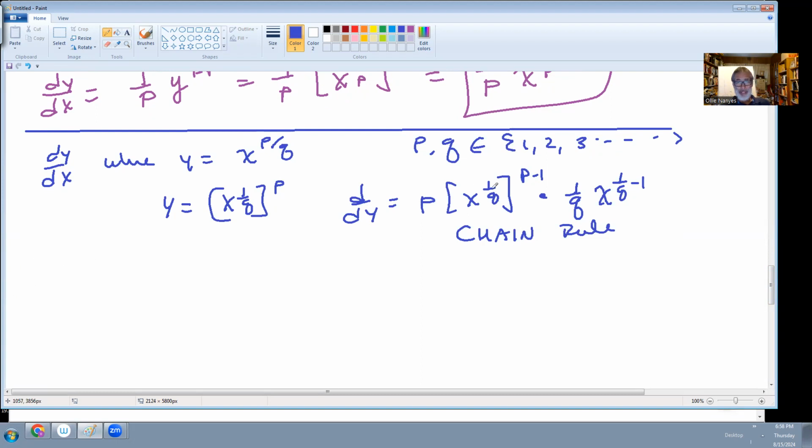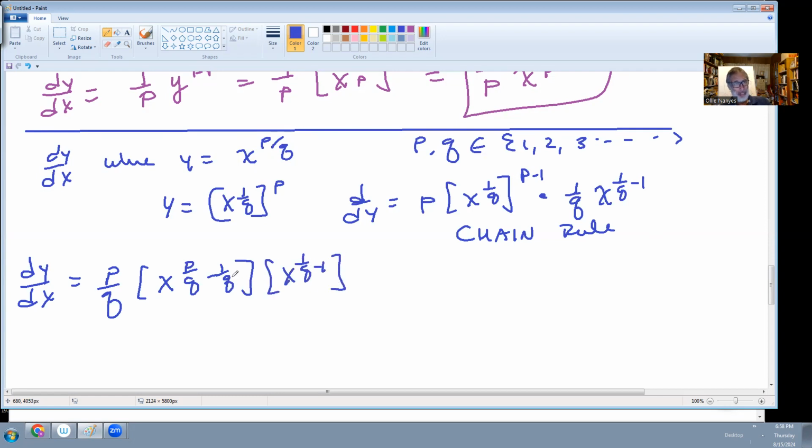So now let's do this. P times 1 over q. Now I have the following. I'm multiplying, so it's p over q times x to the power of 1 over q minus 1.